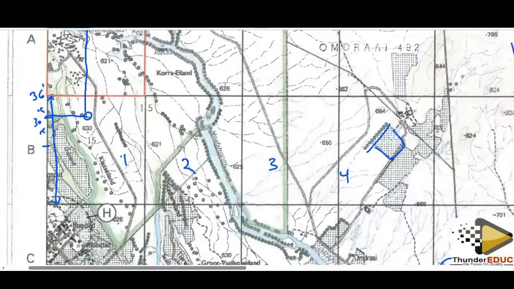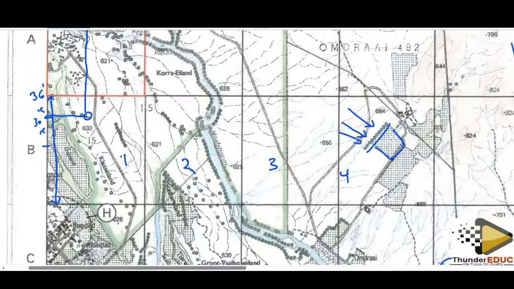So for this case, it means the winds were coming from this direction. Why? Because that's where the trees are being planted, to ensure that the crops here are safe from the incoming winds.